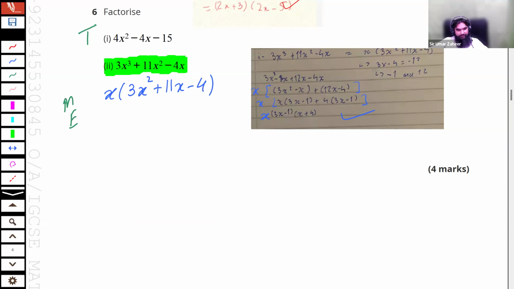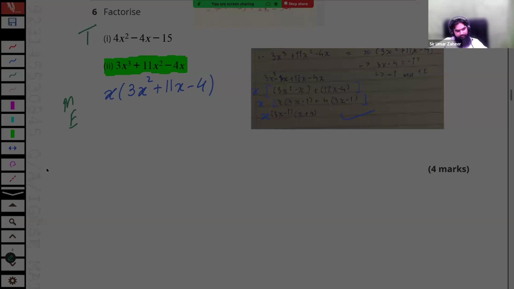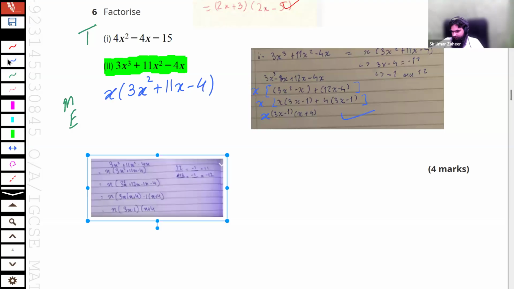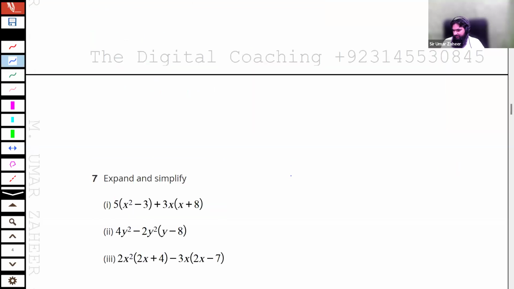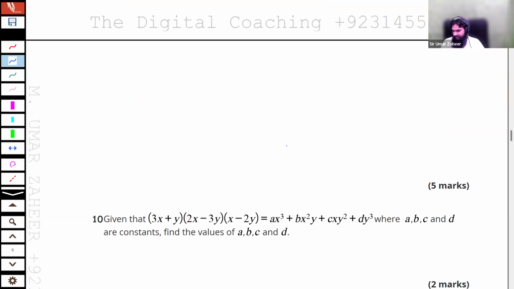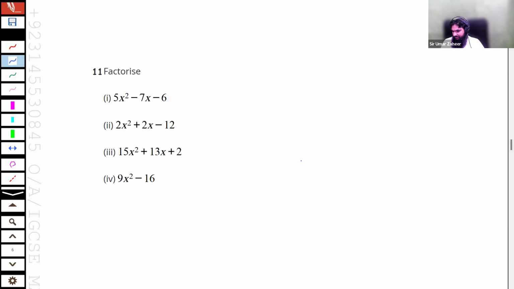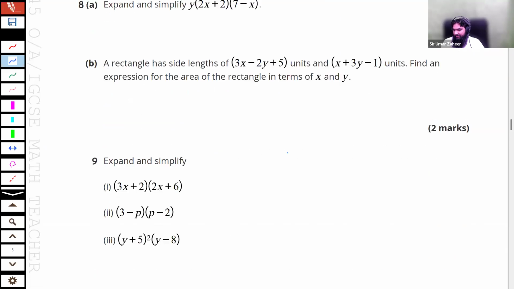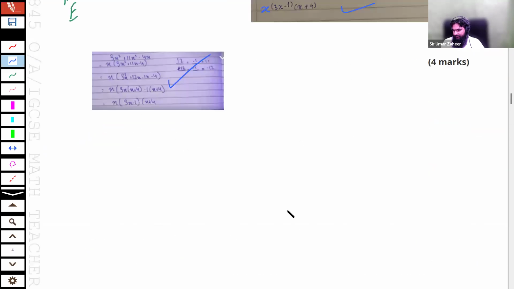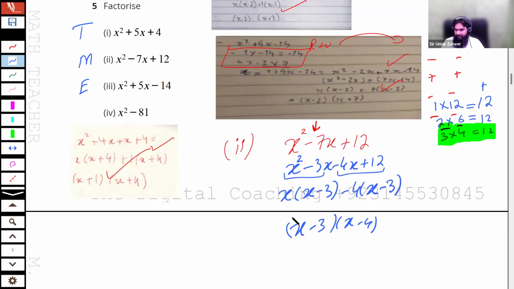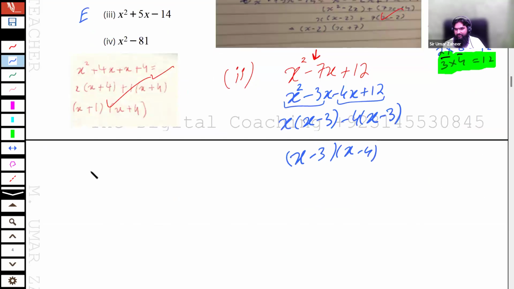Alright, you are sending it on the board. The expansion, we have done the expansion, we are doing factorization questions. There is a question above, I just leave it. Yes, Tuba, tell me about the fourth part of this one.